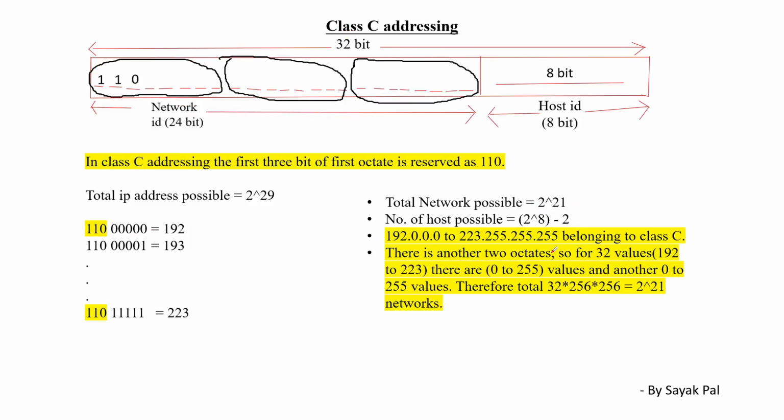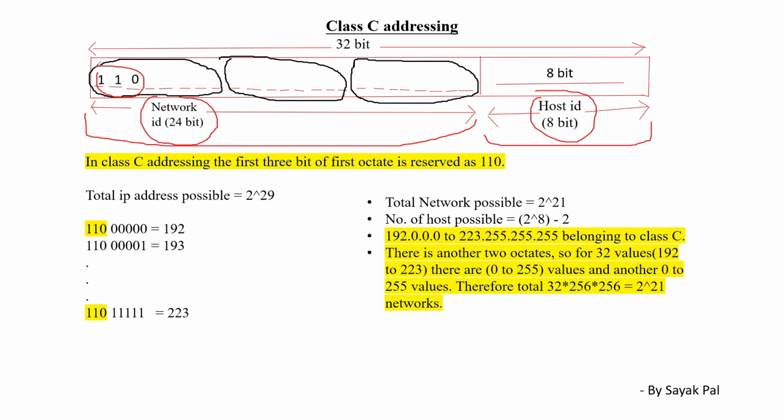Now coming to class C IP addressing. Here 24 bits are for the network ID part, and the rest 8 bits are for the host ID part. Out of these 24 bits, the first 3 bits are reserved as 110 for class C addressing, and the rest, 24 minus 3, that is 21 bits, can be arranged.